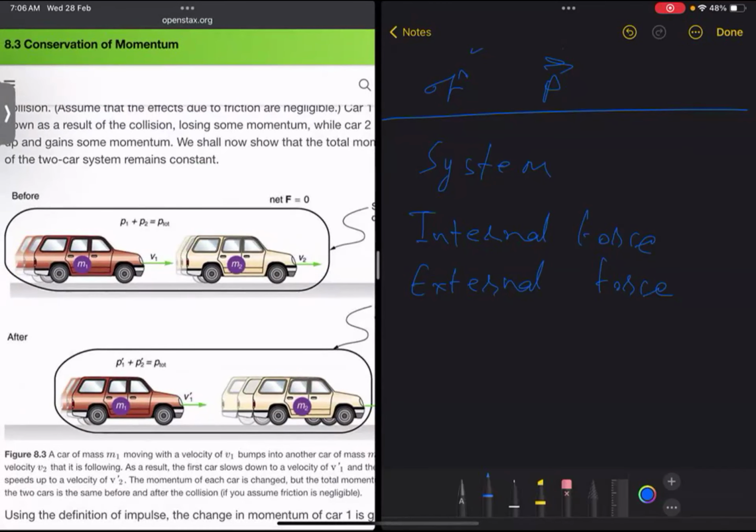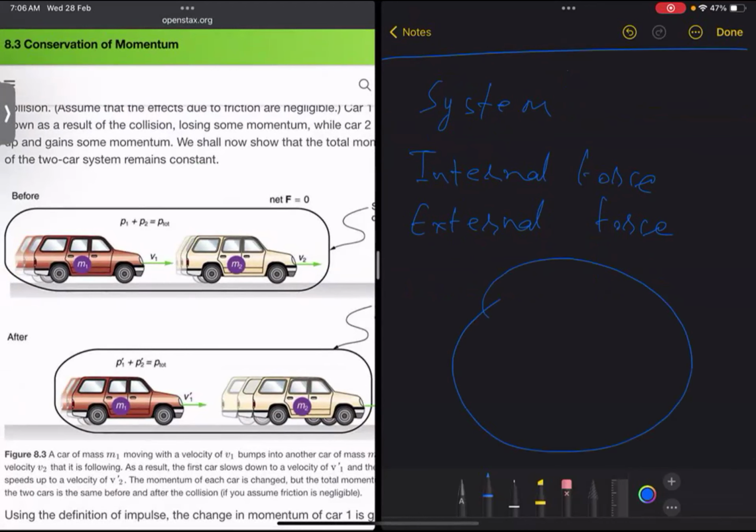Now the force which is imparted by one part of the system on another part of the same system, that is internal force. And what is external force? It is the force imparted by something which is not part of the system on the system.